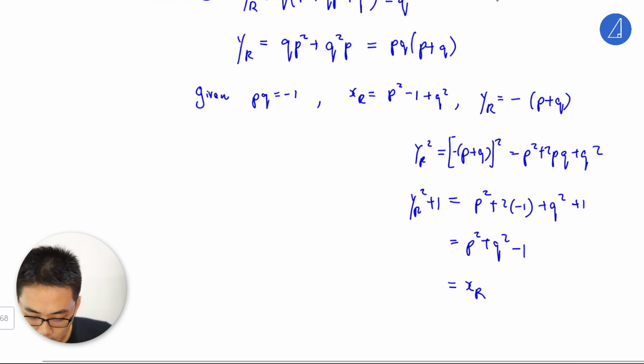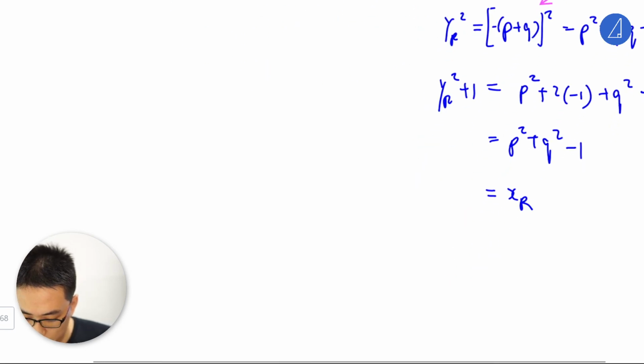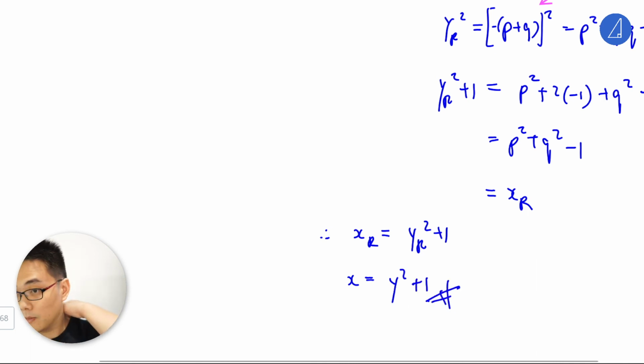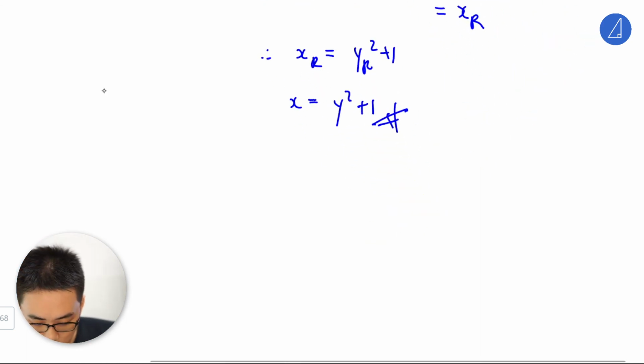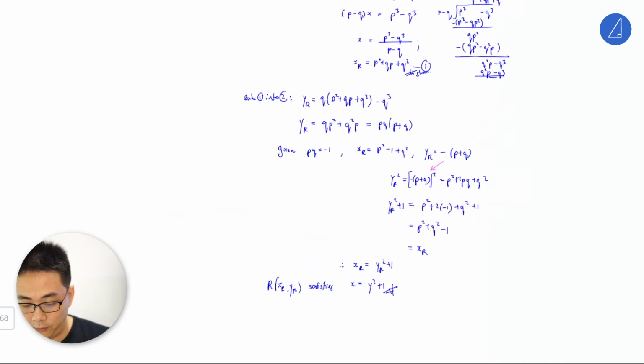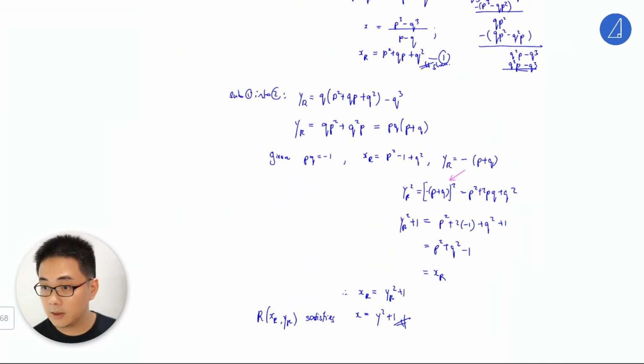Okay, so I just squared this. Can show. So this is XR. So hence, okay, this is how I write. But of course, you don't really need to follow what I write. Anything that makes sense is fine. Okay, you just keep substituting in.